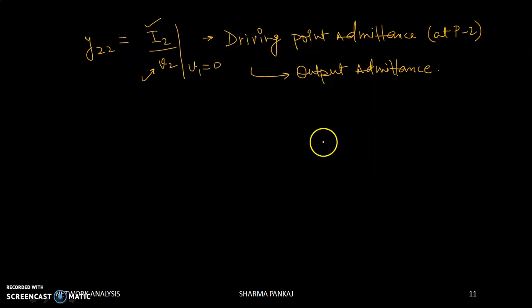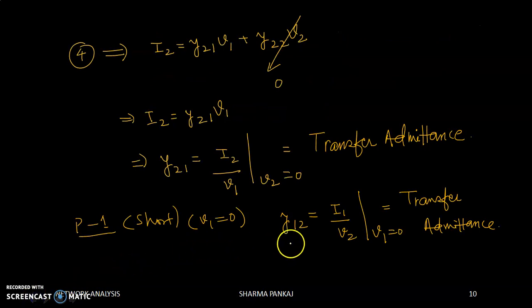See this, the unit is mho. It is represented as this. Y22 unit is mho, and the unit of Y12 is also mho.